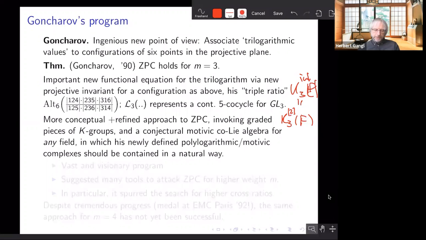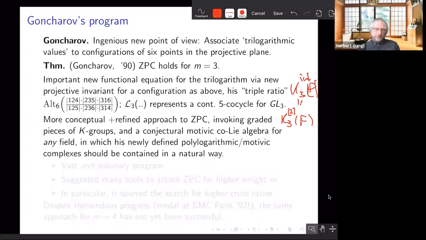So he had a more refined version of this, resulting in motivic complexes or polylogarithmic complexes, and even a vast motivic co-Lie algebra, which was at the time conjectural, motivated, I think, also by Beilinson beforehand.